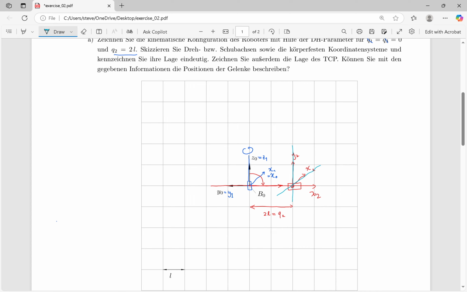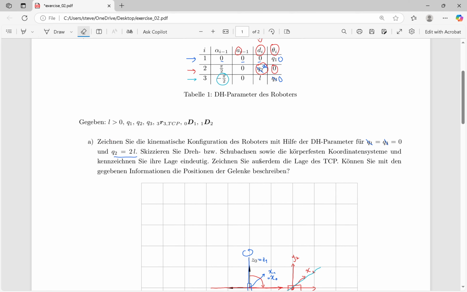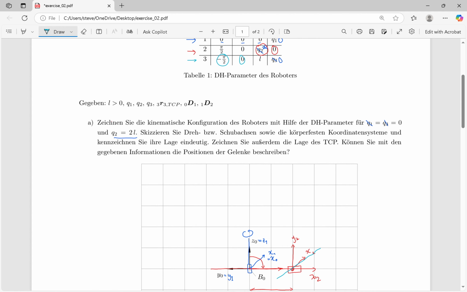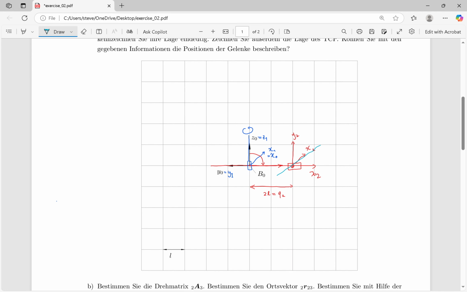But to know where it is, we still have to be cautious, because it could be like this, and it would also be pi over 2 or negative pi over 2. So to determine its position, you have to look at the a parameter right here, which is 0, which means that the distance between the two z-axes is 0. And the only way for that to be is that the z axis has to go from here.